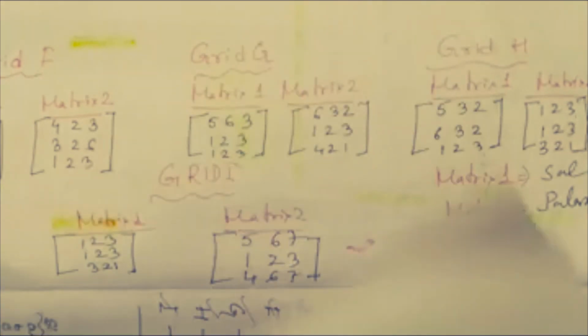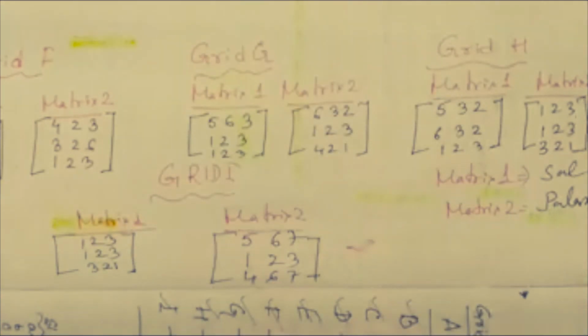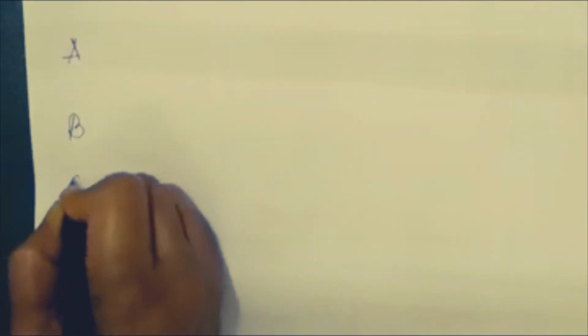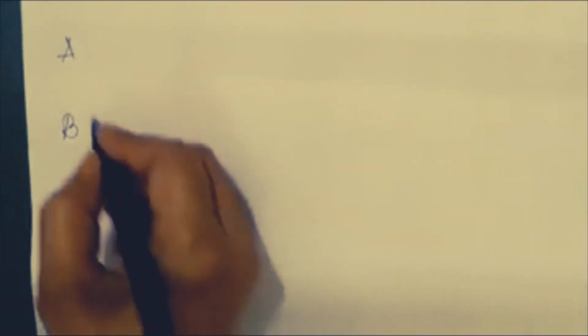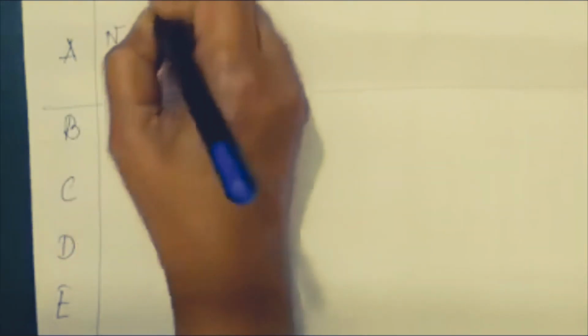we can prepare a table. Okay, this is grid A, B, C, D, E and up to H. For grid number 1, first is the total number of species, then the number of individual species.